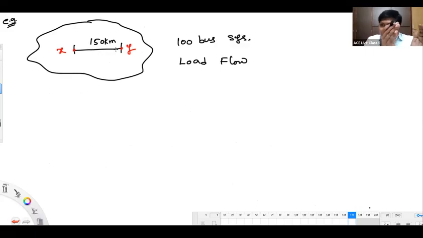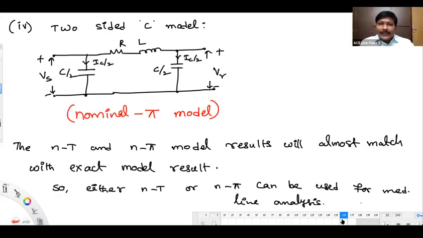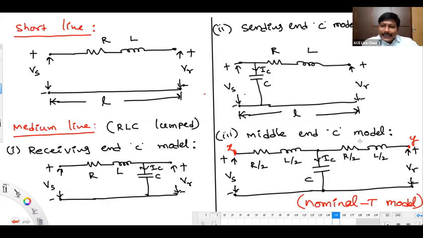The same XY line is represented with T like this, and the same XY line is represented in pi. Tell me please, is any extra node created in the T model?